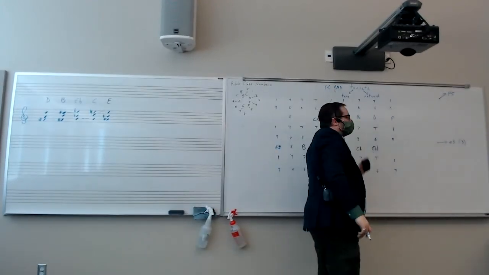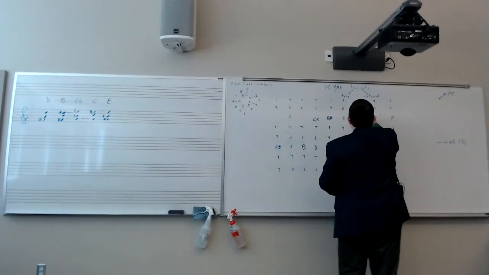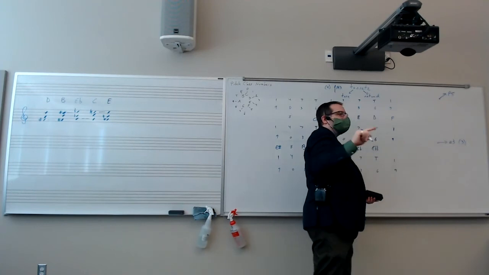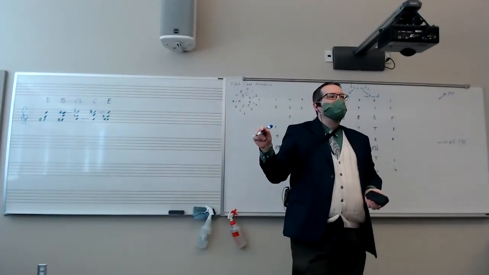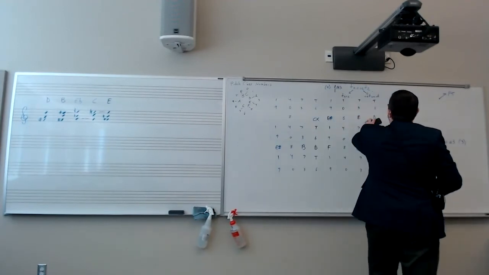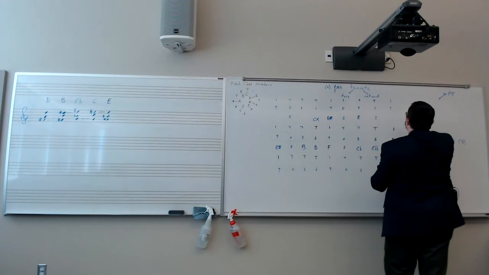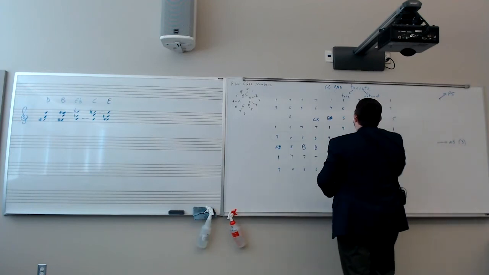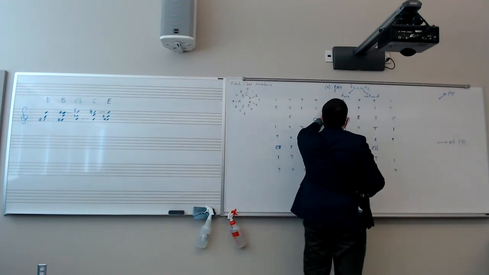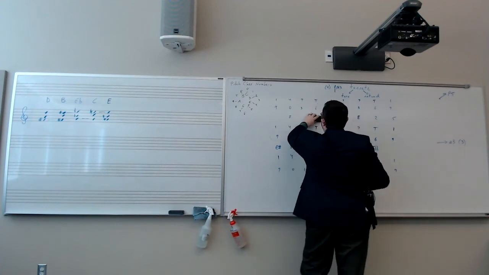8 plus 3, 11. 11 plus 3 is 14, which minus 12 is 2. And 2 plus 3 is 5. Okay, 8 minus 3 is 5. 5 minus 3 is 2.